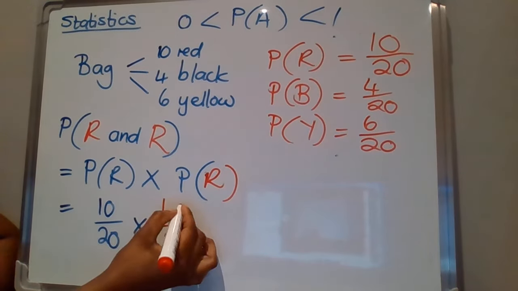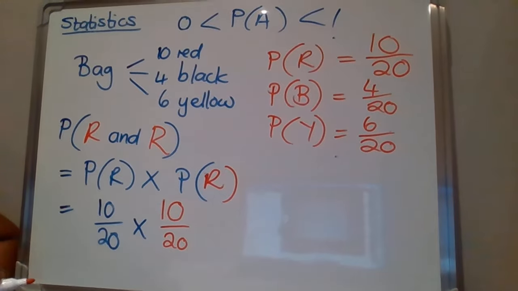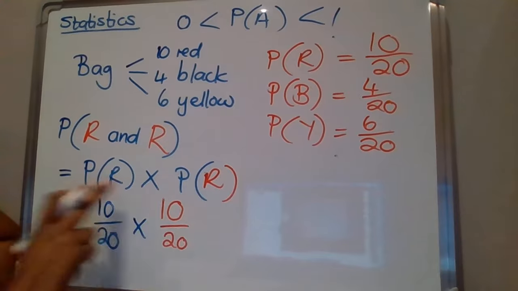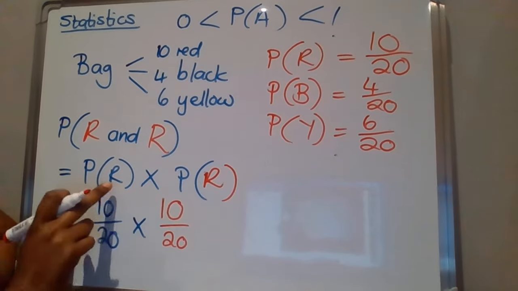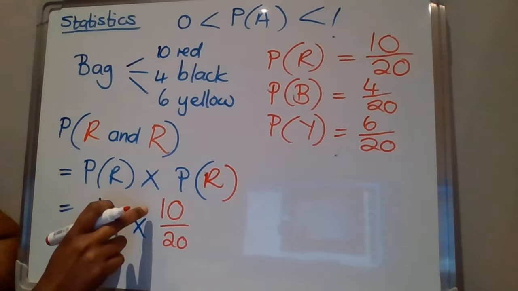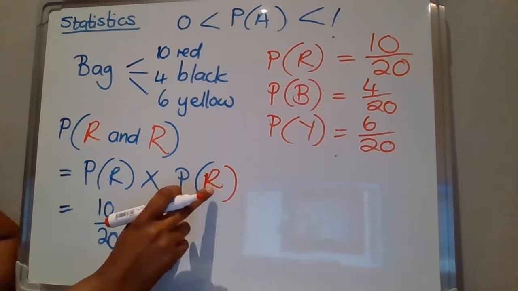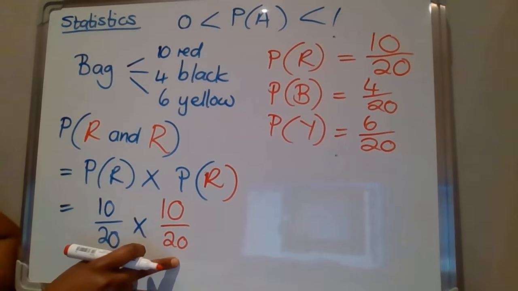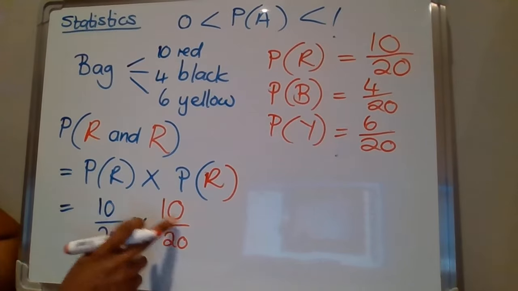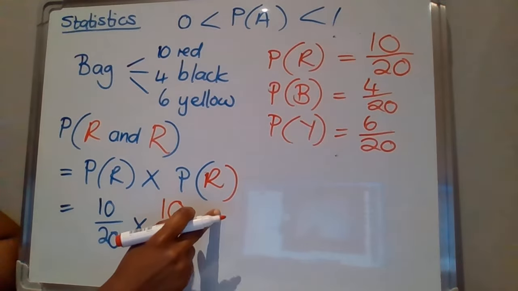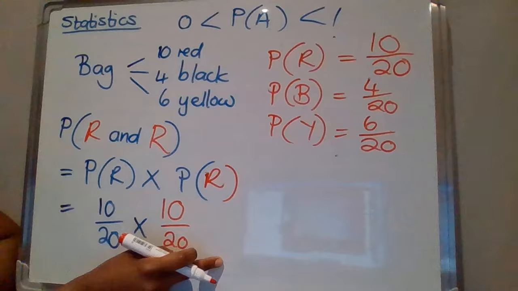And now here still as well, I still have 10 red balls. So this is an independent event. Why? Because my second event is not affected by the first event. Whereas in the previous example, it affected the set of possible outcomes, and that's why you were sitting with 9 over 19.